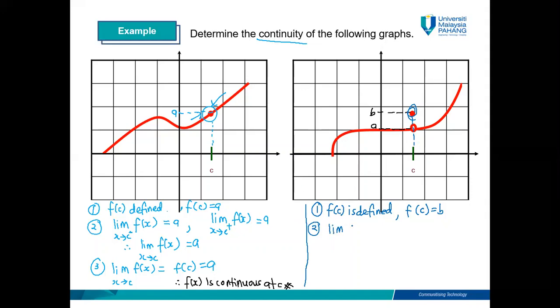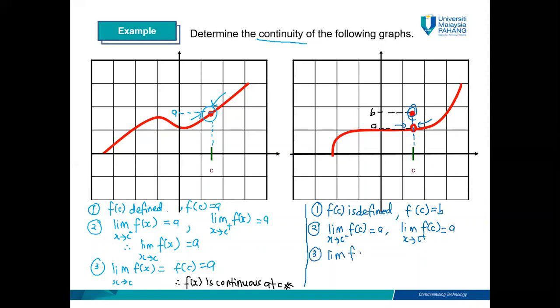So number 2. Limit of fx when x approaches to C from left. Apa? From left. A kan? Limit of fx when x approaches to C from right. From right also. A. Number 3.